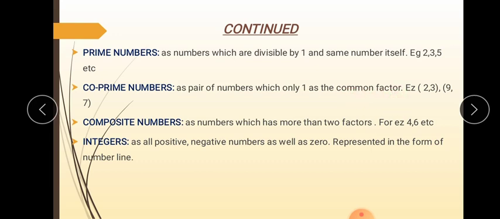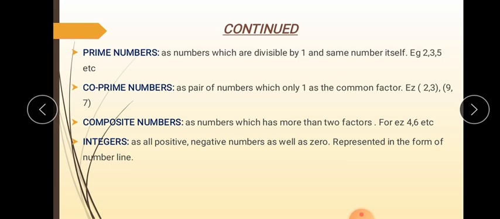So if we take two numbers which have only one as common, you can see one example: 2, 3. So the factors of 2 are 2 1s are 2, and the factors of 3 are 3 1s are 3. So you can see between 2 and 3, what is common? Only 1 is common.